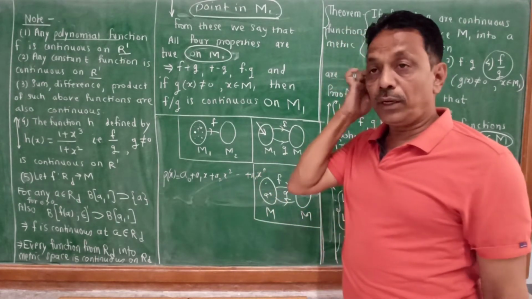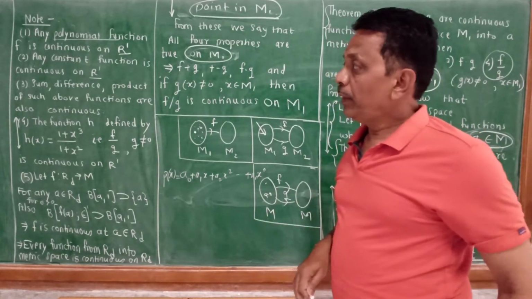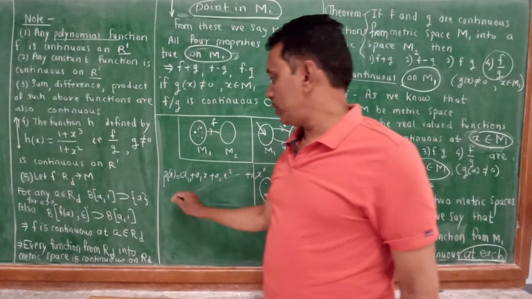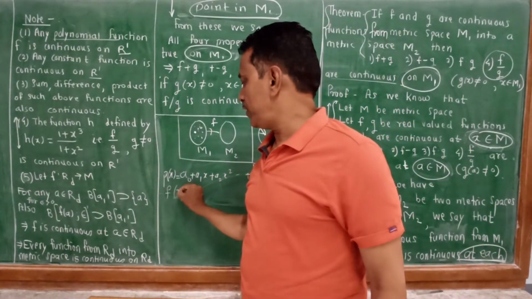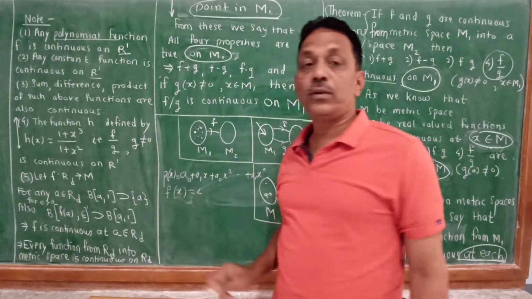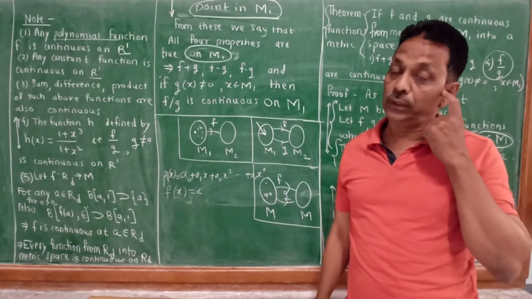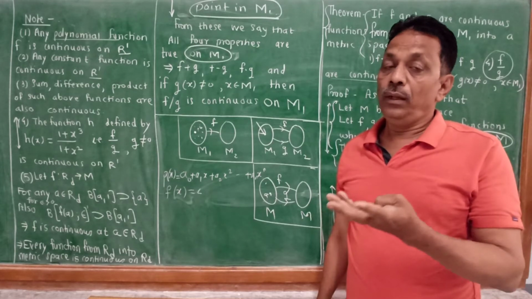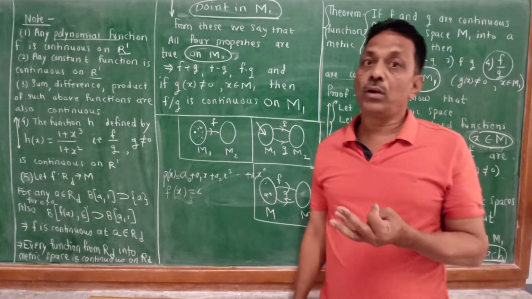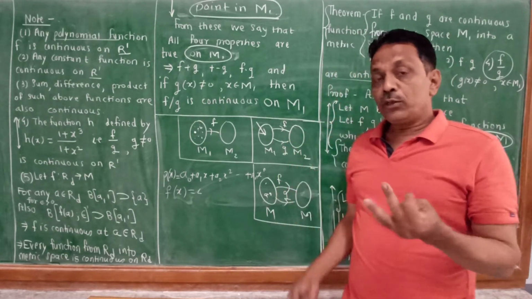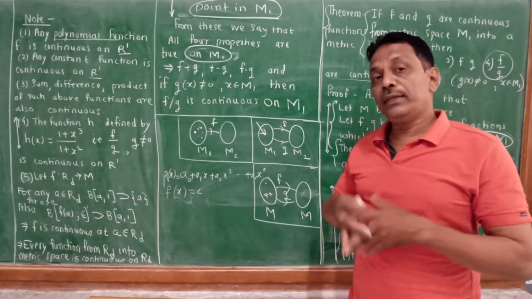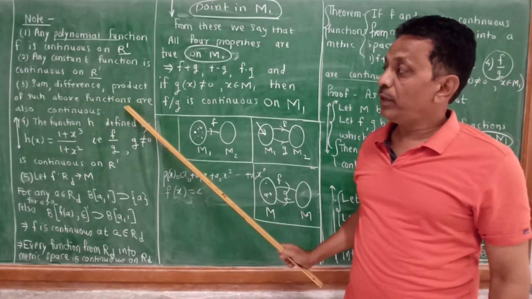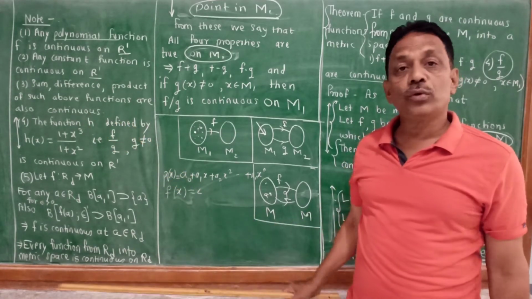This is a polynomial function and it is continuous on R1. Second, any constant function is continuous on R1. Suppose f of x is equal to a constant c, then this is also a continuous function. So any polynomial function is continuous on R1, any constant function is continuous on R1, and also the algebra between them, that is the sum, difference, product of such functions, is also continuous.